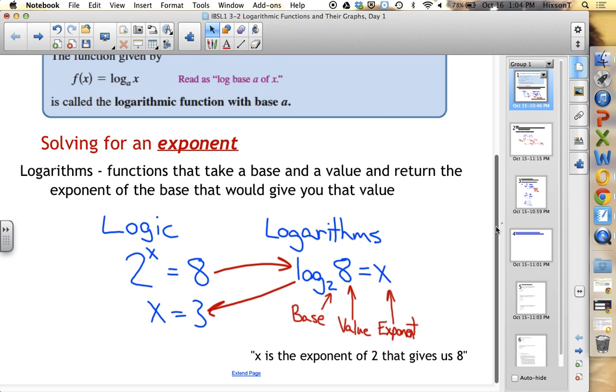Anytime you're taking a logarithm, and you say log of this equals 5, that 5 is the exponent. And that's going to really be critical to keep in mind as we move forward. Logarithms give you exponents.